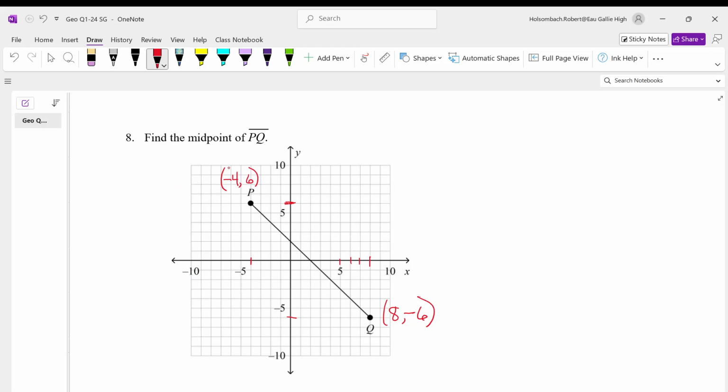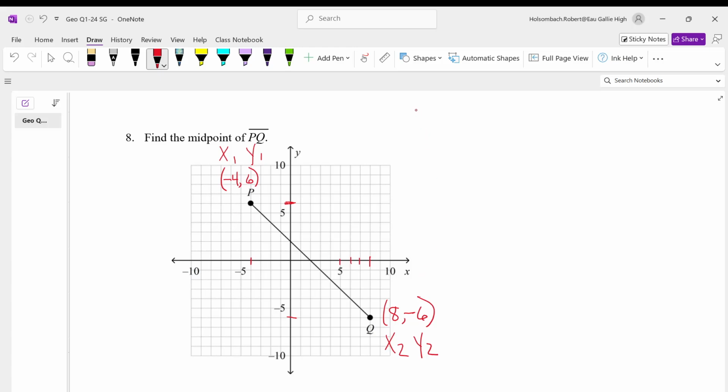This negative 4, 6 is your x sub 1, y sub 1. The 8 and the negative 6, that's your x sub 2 and your y sub 2. So we're going to find the average of the x's and the average of the y's.